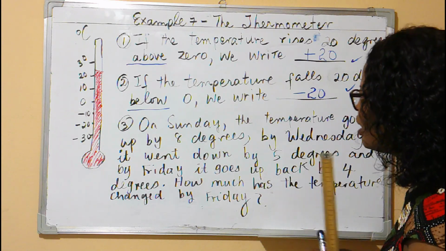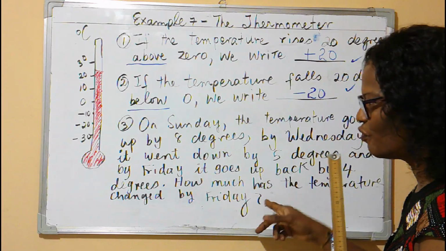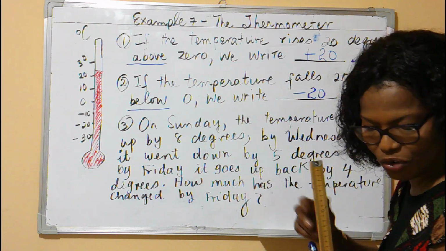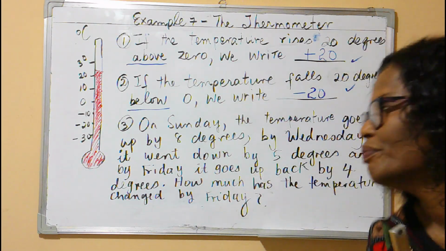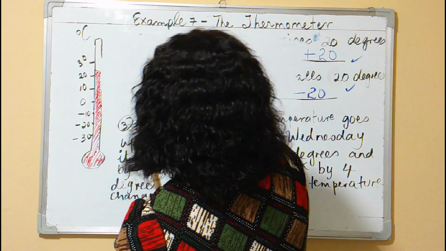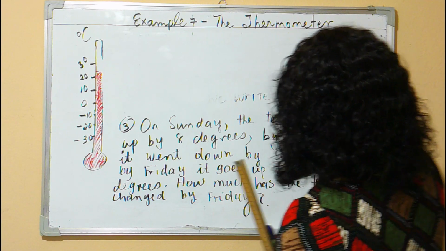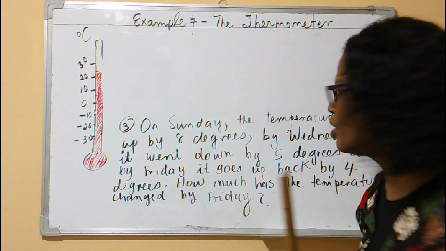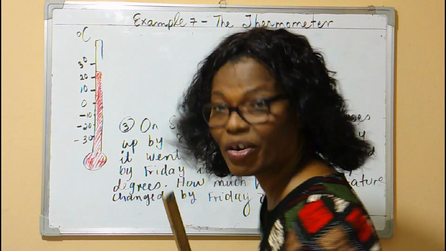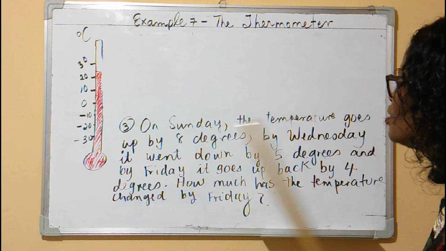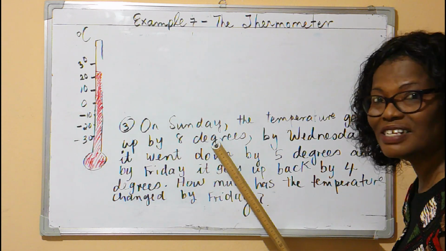Awesome. Now I'm going to clean 1 and 2 so we can write the question 3 scenario above. So we're going to talk about this scenario now. On Sunday, the temperature goes up by 8 degrees.